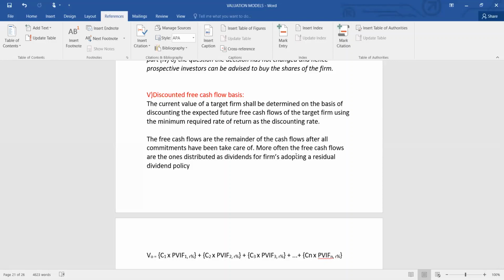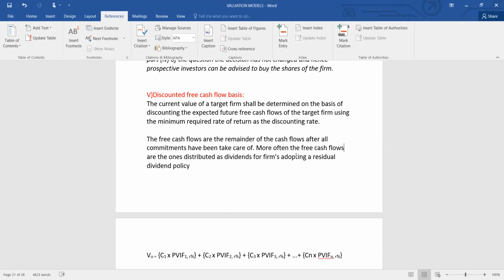And one of the popular models used to value a target firm for purposes of mergers or acquisition is referred to as the discounted free cash flow basis. Discounted free cash flow basis is a popular model that is used to value companies to establish the going concern value of the firm.